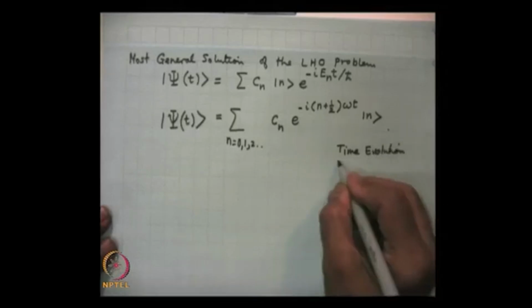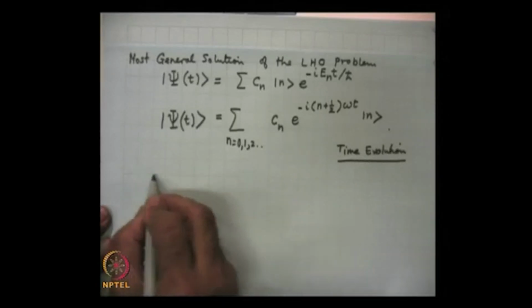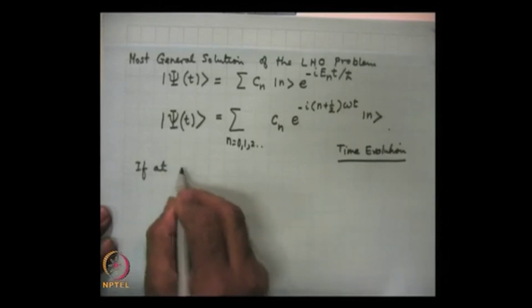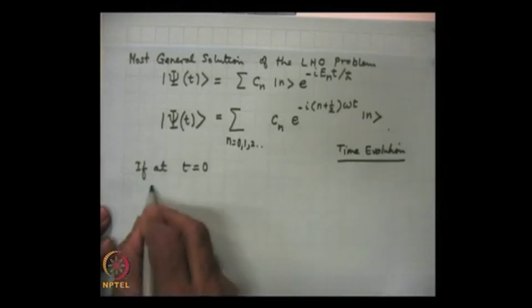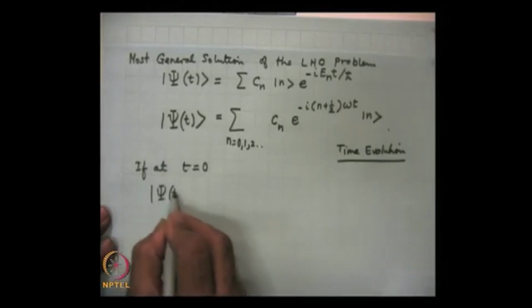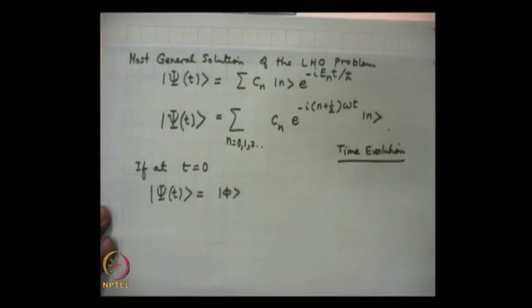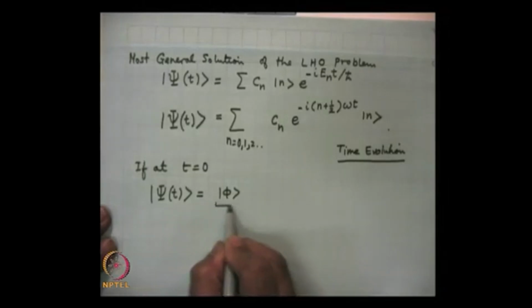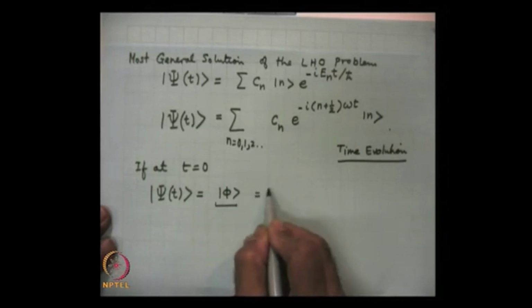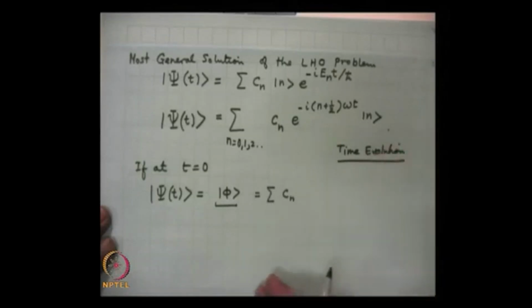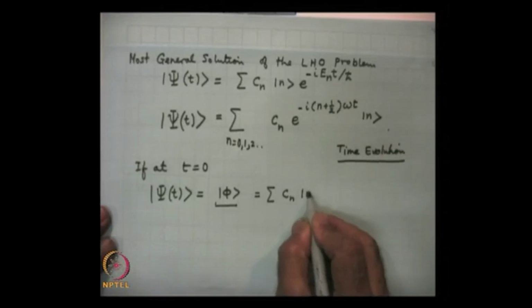So, if at t equal to 0, psi is, let us suppose, something like phi, then what we should do is expand this in terms of the orthonormal kets of the harmonic oscillator.